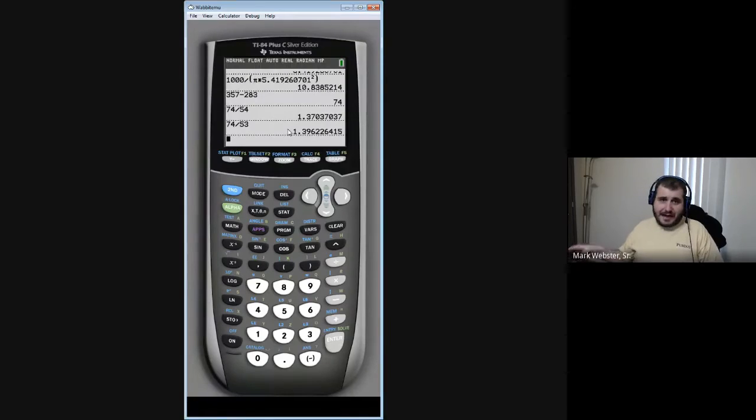If you have an Android phone, you can just download this app and tell it to get the appropriate ISO file, and it'll find it and put it on there. And then you'll have a $150 calculator on your phone for free. Yay.